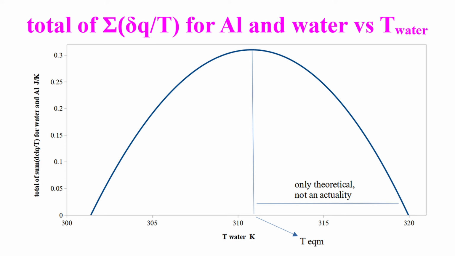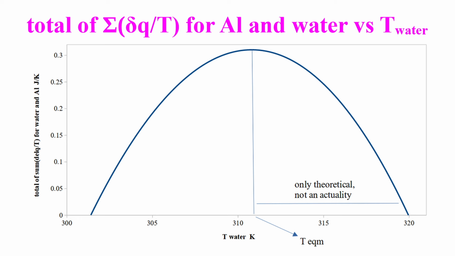This analysis then clearly indicates that it would keep decreasing in case the heat flow had continued beyond the equilibrium state.